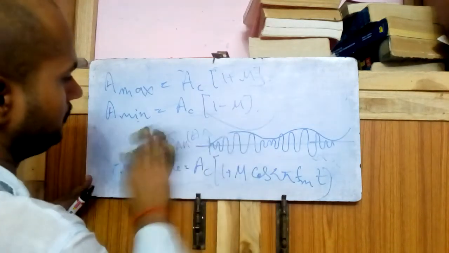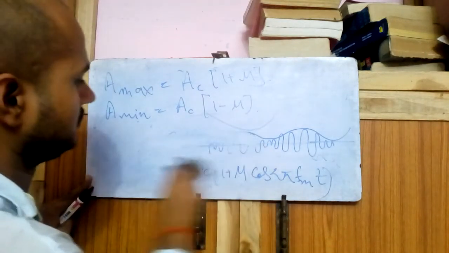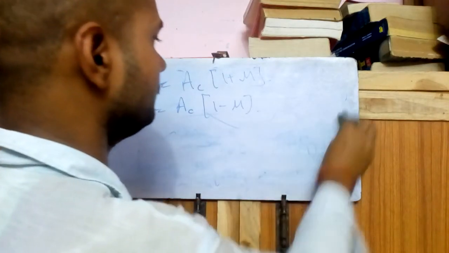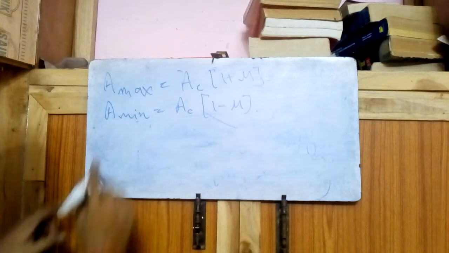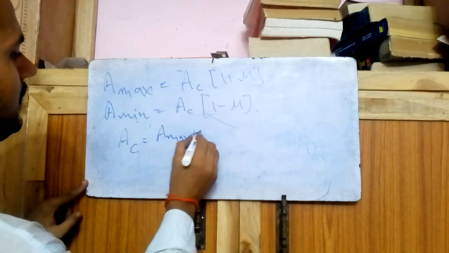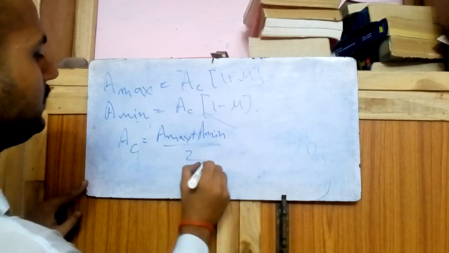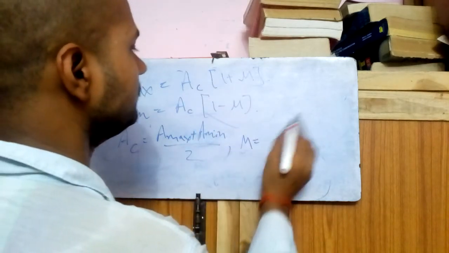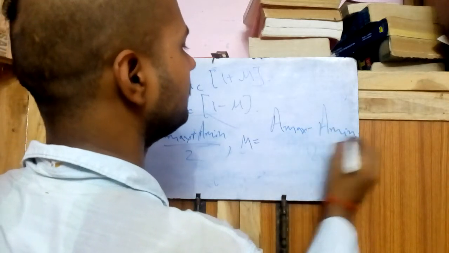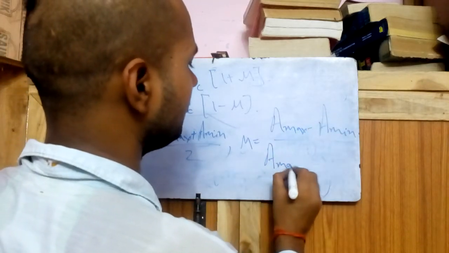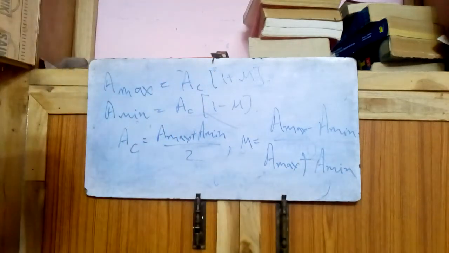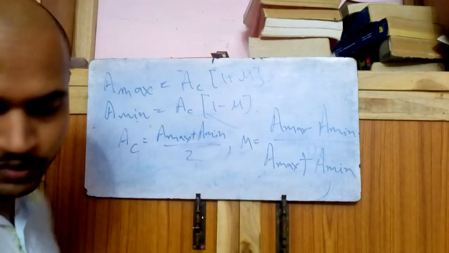By solving both equations, Ac will be (A max + A min) by 2, and mu will be (A max - A min) divided by (A max + A min), right? So this is Ac, this is mu.